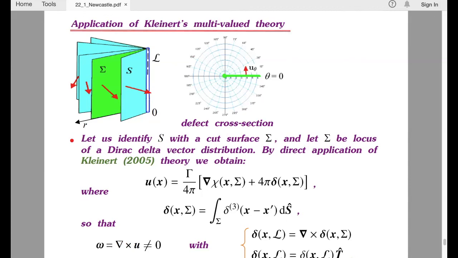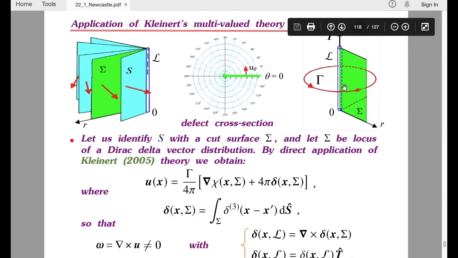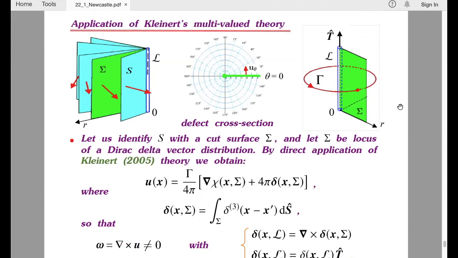Indeed, the bold delta is just delta Dirac along the tangent to the nodal line. Again, we have a constant gamma here in front, and these represent this virtual circulation, if you like, around the nodal line, crossing the circulation stopping barrier, in words of Kelvin.